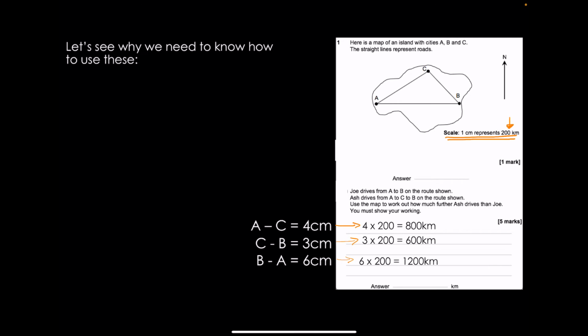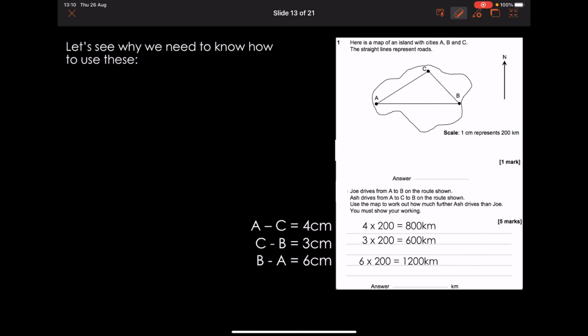Okay, so now I know all of that information. And now what I'm going to do is work out the distances that both Joe and Ash travelled. So I'm going to start with Joe. Joe travelled 1,200 kilometres in total, because I know that Joe travelled from A to B, and I know that A to B measured 1,200 kilometres.